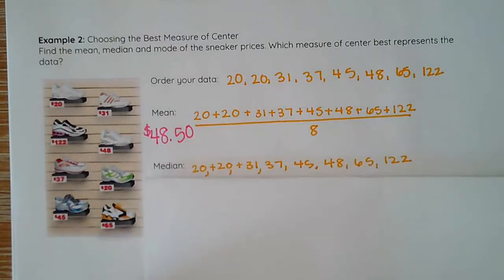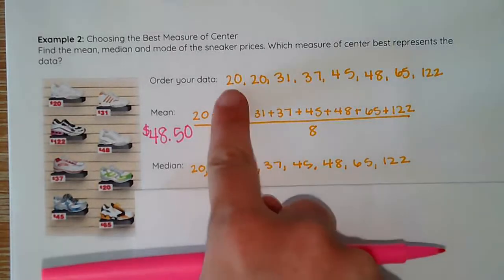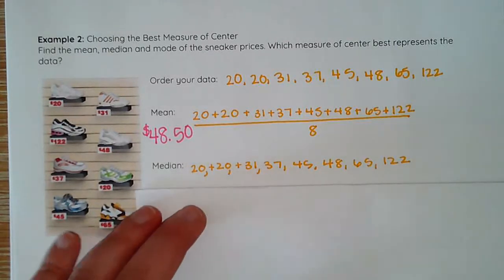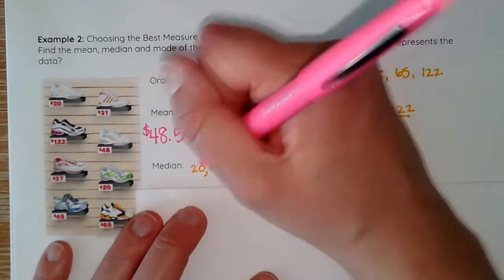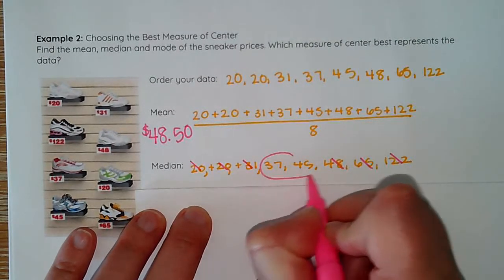After I find the mean, I'm going to find the median. To find the median, remember, I need to find that middle number. So I can rewrite my numbers again if I wish, or I can use my set up top, and I go ahead and find that middle. So I cross out those, and I'm left with 2 middles.